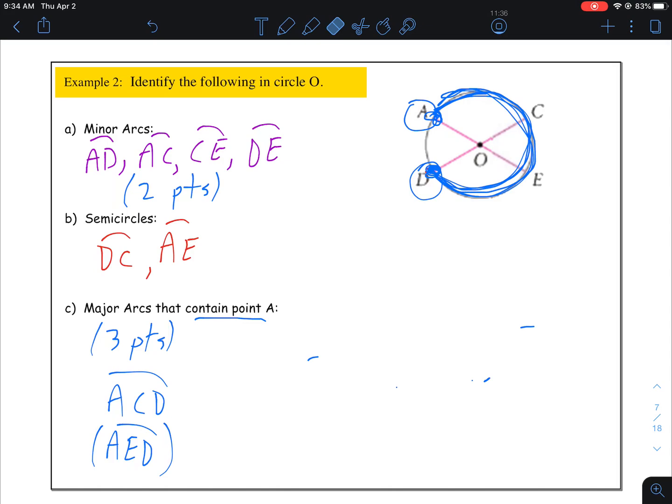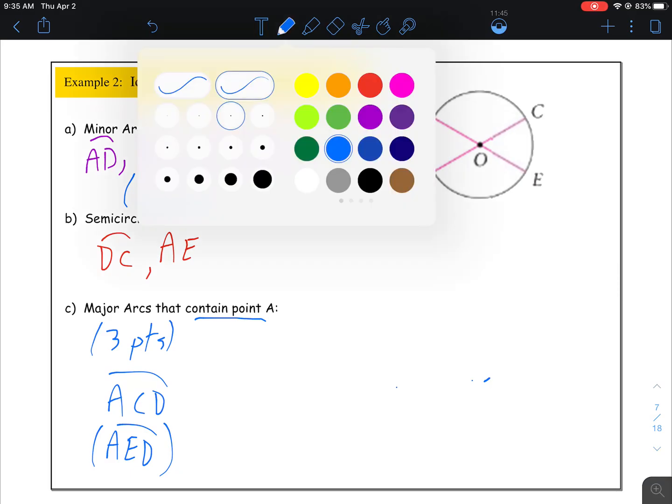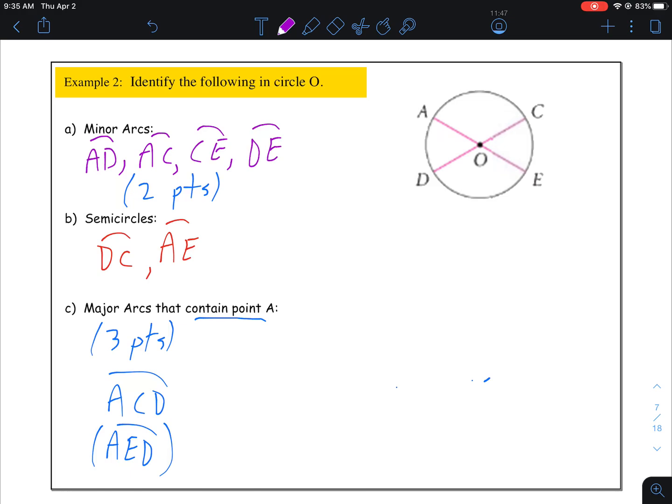All right, so here's another major arc, just so you can see more examples of that. What we could have done here is maybe you went this way. Maybe you were at C, you contained A, it said you had to contain A, and then you kept going.